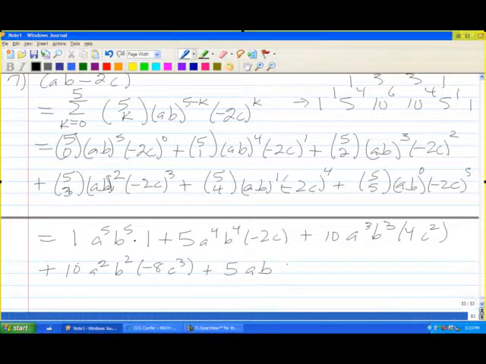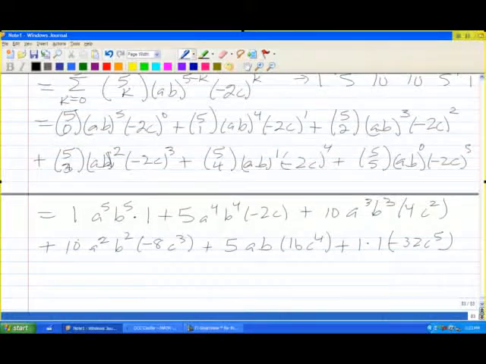Negative 2 to the fourth is 16, C to the fourth. Plus 5C5 is 1. AB to the 0 is 1. Negative 2 to the fifth is negative 32, C to the fifth.